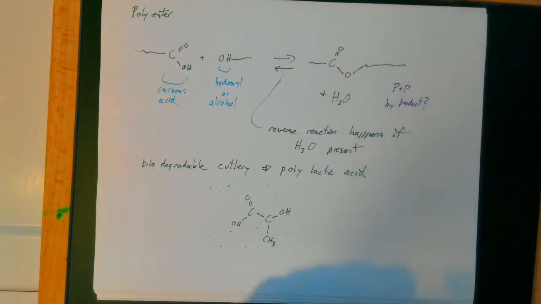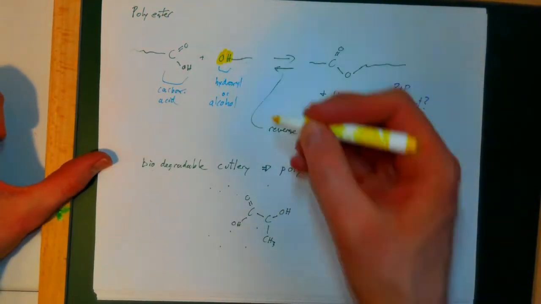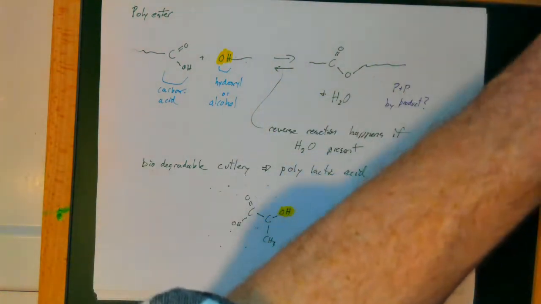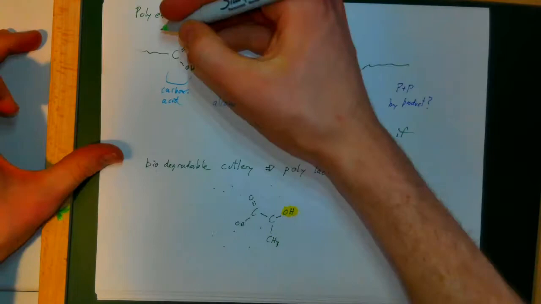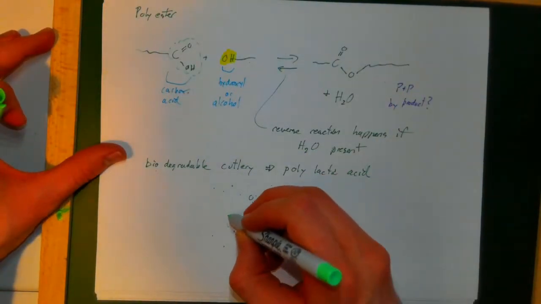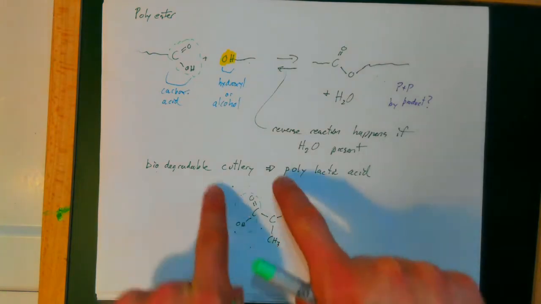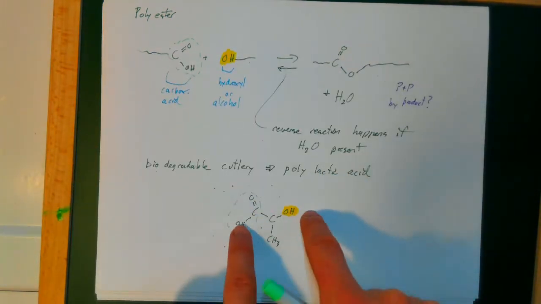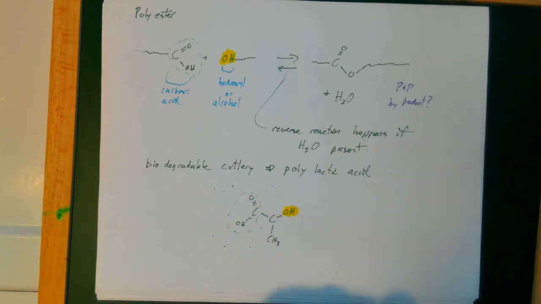And if you look at it here, there's the OH right here and the OH right here, and there's this COOH right here and a COOH right here. So basically these groups, we can have lactic acid, and these lactic acids can just join up and join up and join up and form chains.